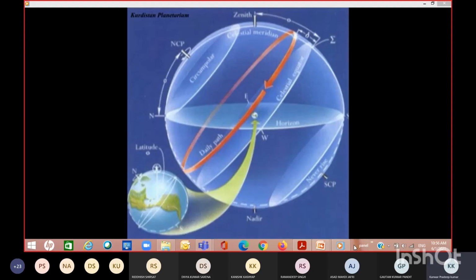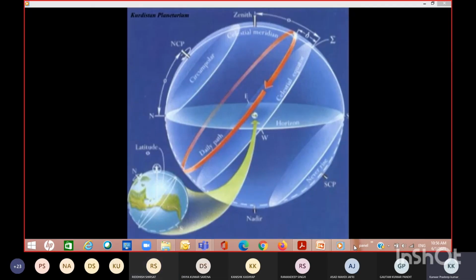The great circles which are passing through the zenith and the nadir are called vertical circles. But if this vertical circle is passing through the east and west points of the observer, then what is it called? It is called the prime vertical.